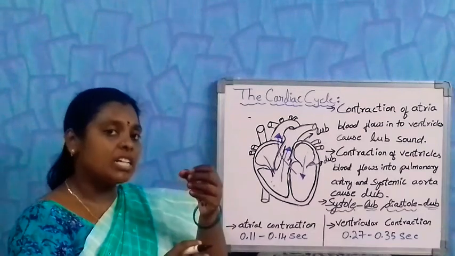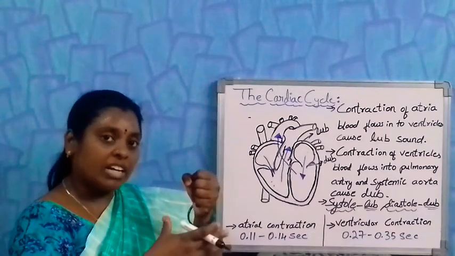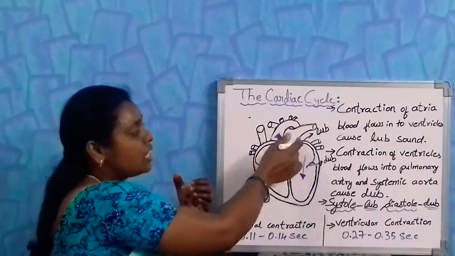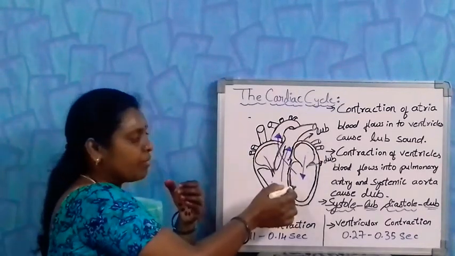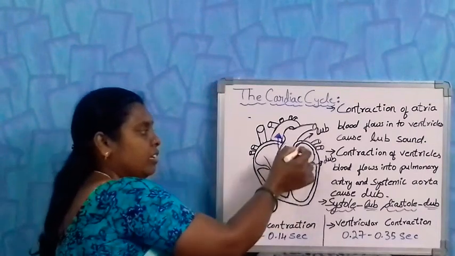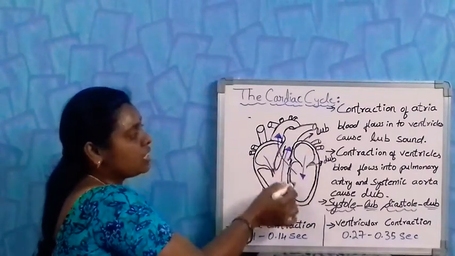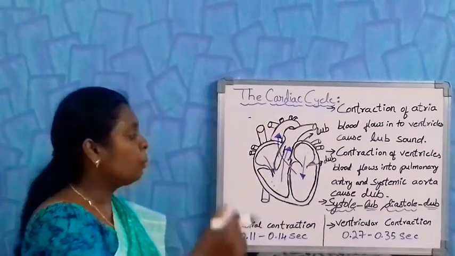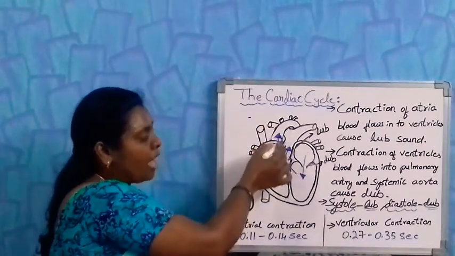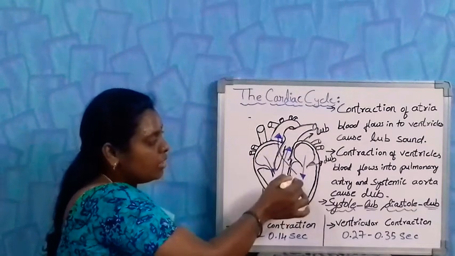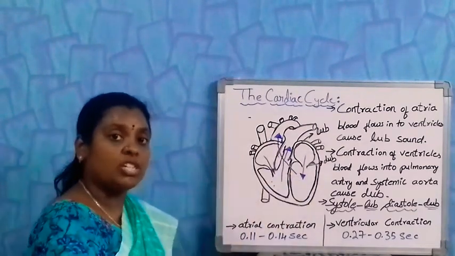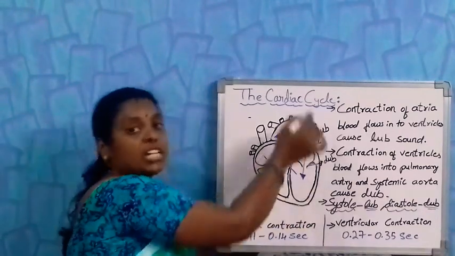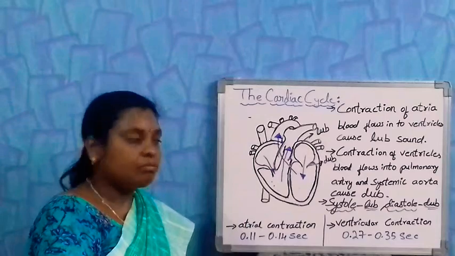When the auricles are contracted, the ventricles are relaxed, and the blood enters from the auricles into the ventricles. But here the pulmonary valve and systemic valve also help to prevent the backward flow, that is, they prevent blood from entering again from the arteries into the ventricles.